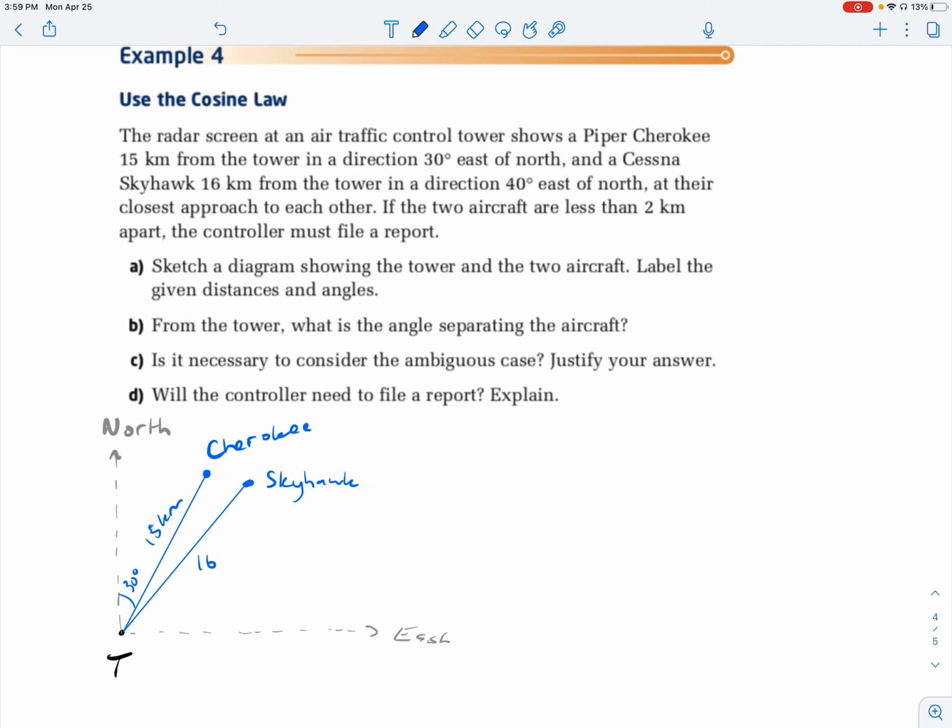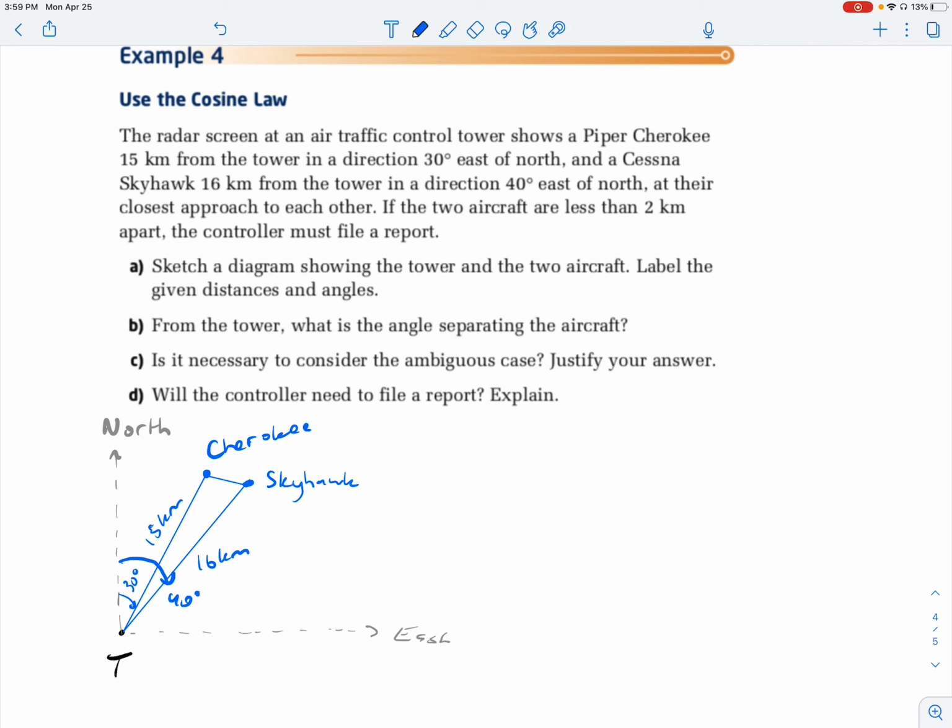This is 16 kilometers, and that angle is 40 degrees. So it says if these two aircraft get 2 kilometers or less apart from each other, then they need to file a report. So most likely we're going to be looking for this distance in here.